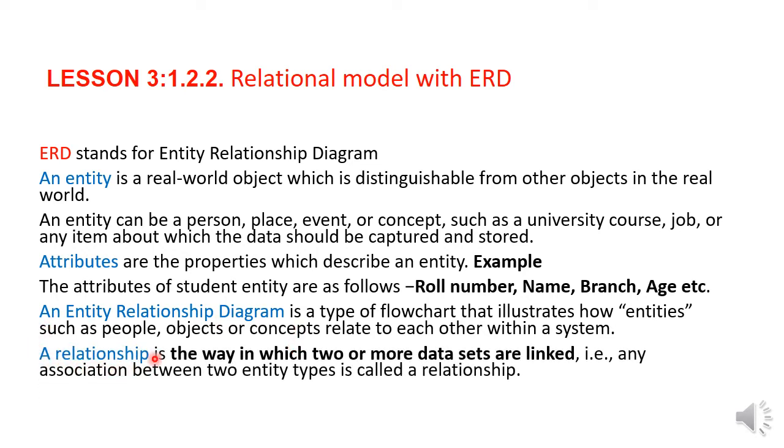So what is a relationship? In a database management system or relational database management system, it is possible to create a relationship between two or more entities or relations once some entities have identifier attributes, like primary keys, and the others have foreign keys. So a relationship is an association among the entities.